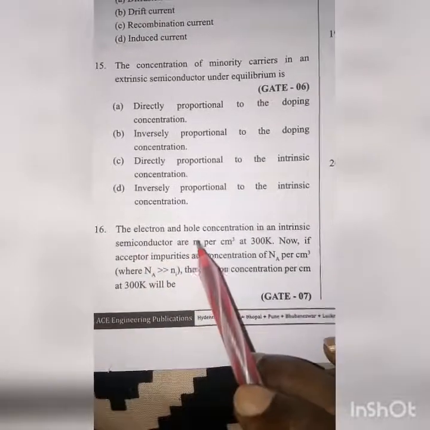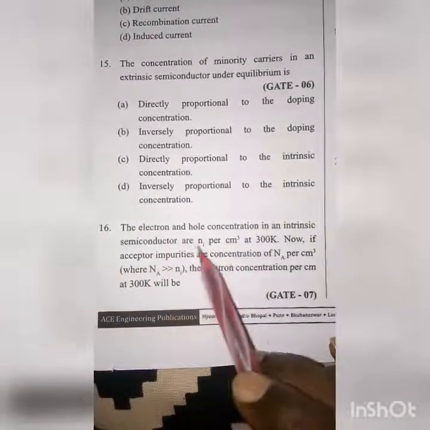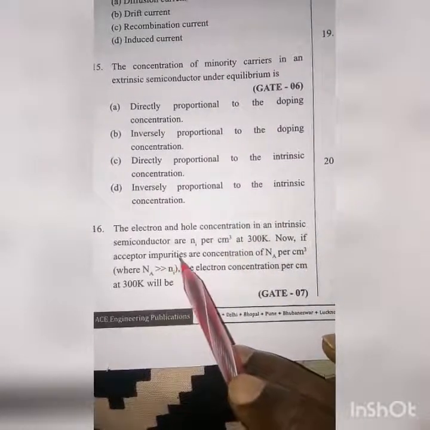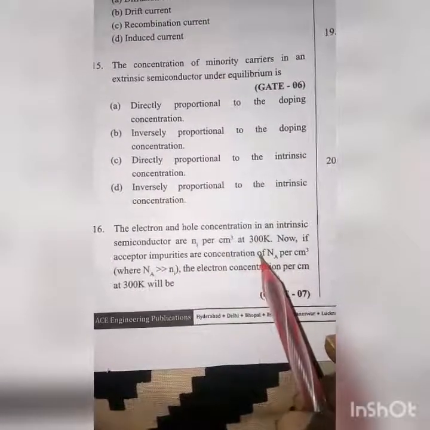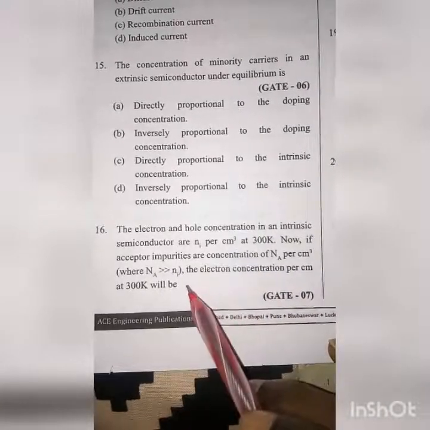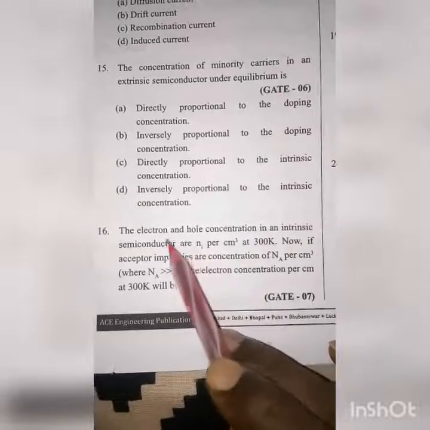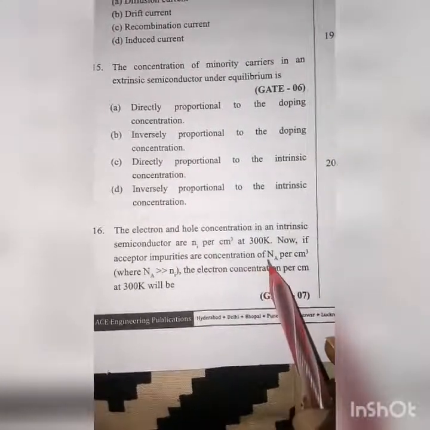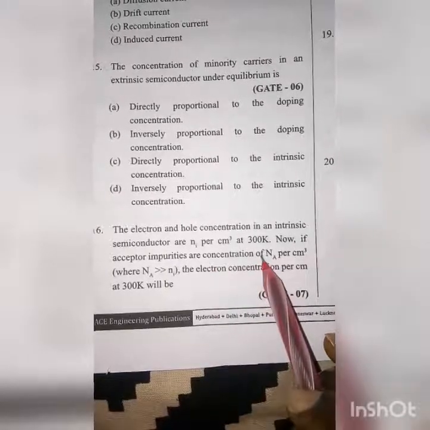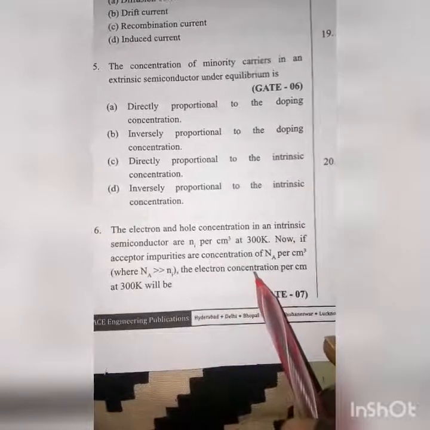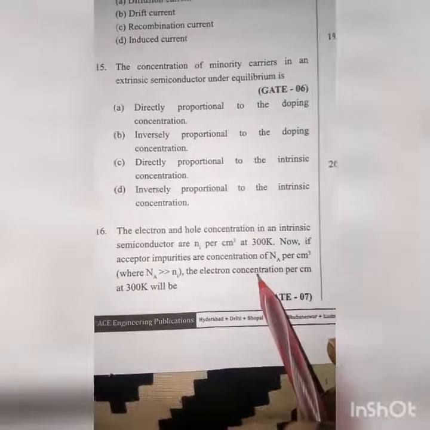The electron and hole concentration in an intrinsic semiconductor are ni per centimeter cube at 300 Kelvin. Now if acceptor impurities are added at a concentration of Na per centimeter cube, what is the electron concentration? He gave ni and he gave Na as acceptor impurities. He asked the electron concentration, that means he is asking n. Nothing is new here.